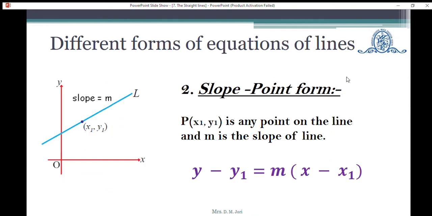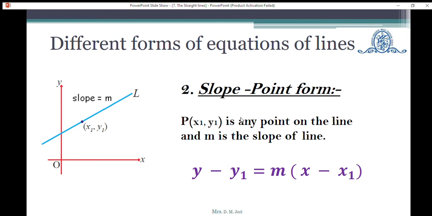Next one is slope point form. Again, if the slope is known or given and one more point is given which is there on your line, x1 comma y1 is the point on line L, and m is the slope of that line L. If these two values are given, slope and point, then by using slope point form we can find equation of that line.